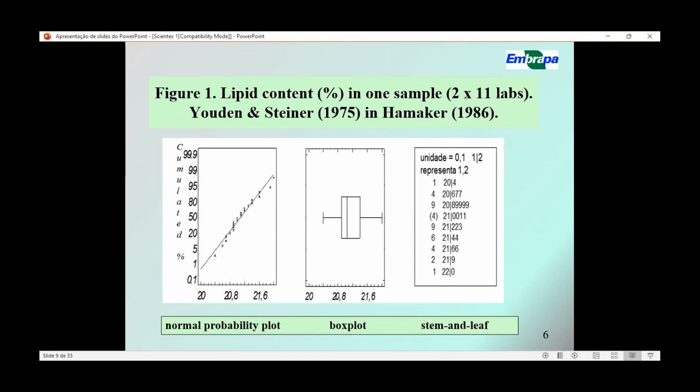The second plot showed no outliers. There is no data at the left or the right of the graphic of the box plot. The third plot shows a region where results are concentrated. They are concentrated in the upper part, and it has a long tail. But we could not conclude about the presence of outliers in the data.